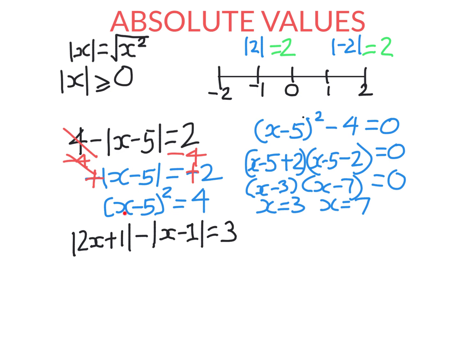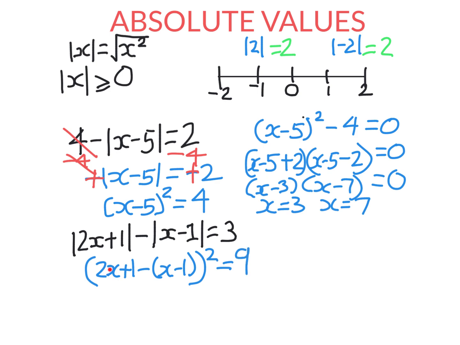All right, let's now look at this one here, which is a little harder. So once again, because we're not sure whether what's inside these brackets is positive or negative, we're going to square this. So what we're going to do is we're going to combine this, 2x plus 1 minus x minus 1. And we'll square that. We can square one side of the equation as long as we square the other side.